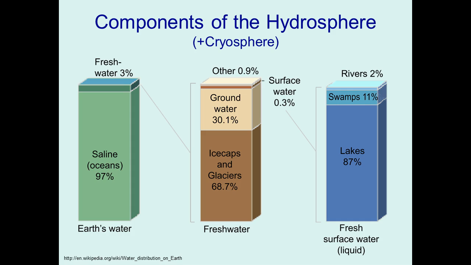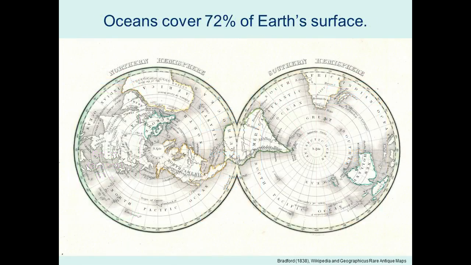So, looking at how water is distributed on the planet, it's clear that the oceans contain the bulk of the water, but this is salty, saline water. If we look at the distribution of land and oceans in the northern and southern hemispheres, we see that there's almost 5 times the amount of land in the northern hemisphere compared to the southern hemisphere.